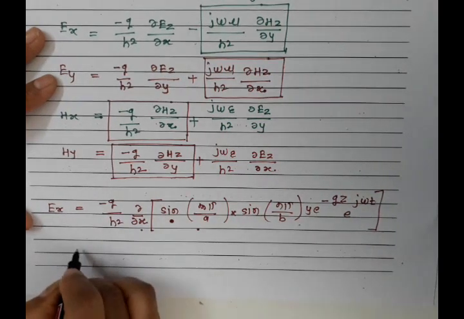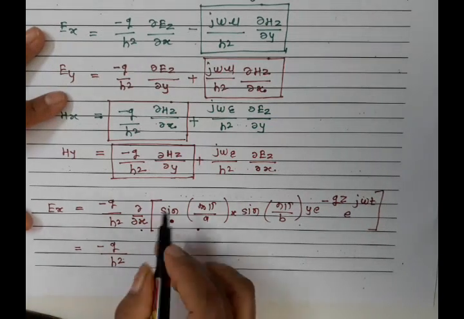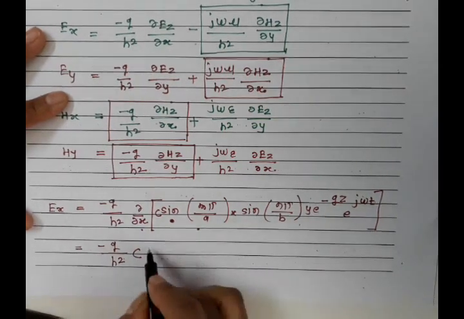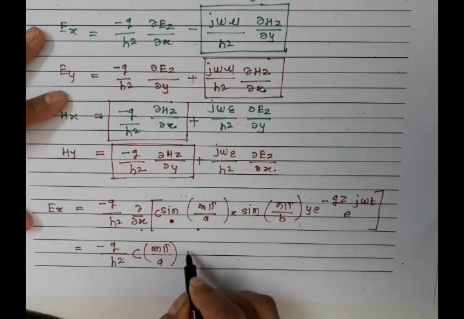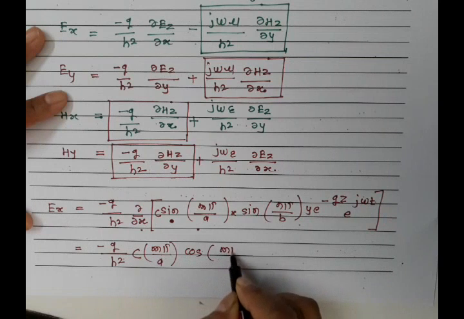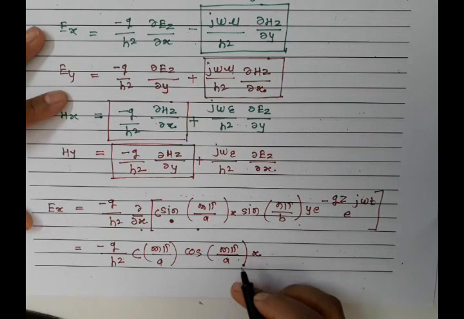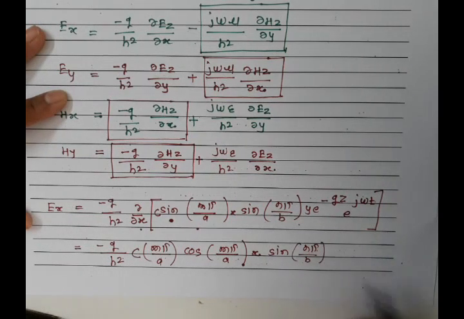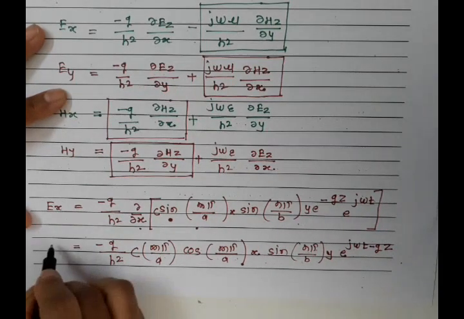After solving, I can write minus gamma by h square, as we are writing this with a constant c here, then m pi by a, then cos of m pi by a x, sin of n pi by b y, e raised to j omega t minus gamma z. So this is your Ex component.